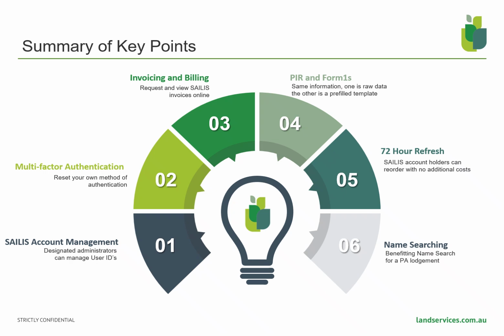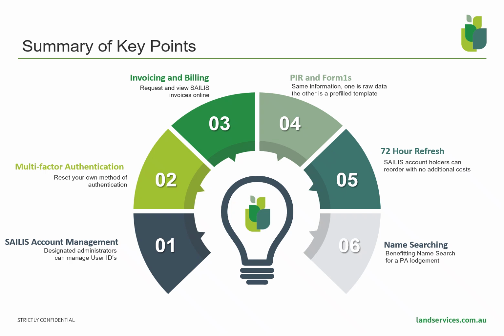To summarise: 1. SAILIS account management can be handled by designated administrators. 2. Multi-factor authentication: you can reset your selected authentication method. 3. Invoice and billing can all be carried out on SAILIS. You do not need to wait until the end of the month to obtain a bill. 4.